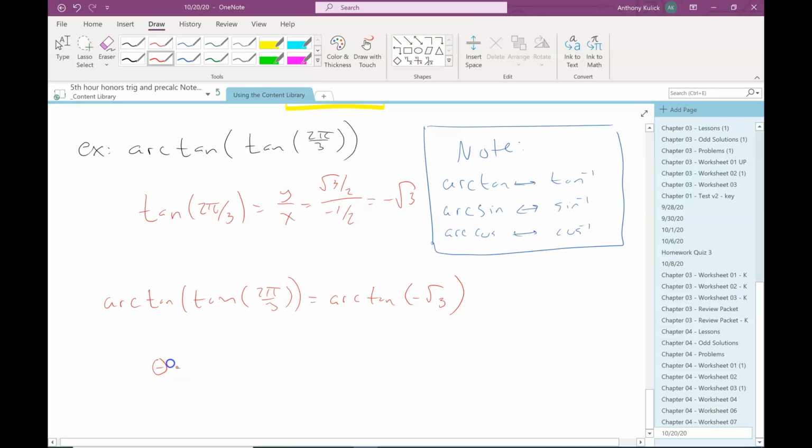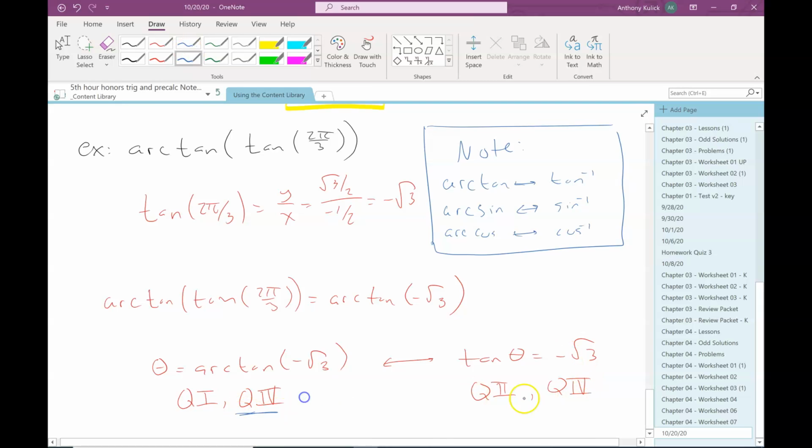So write down our two situations. Here we have this one. So again, arctan or tangent inverse is in either quadrant 1 or quadrant 4. Tangent is negative in either quadrant 2 or quadrant 4.